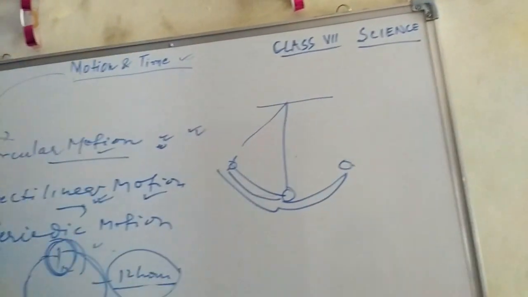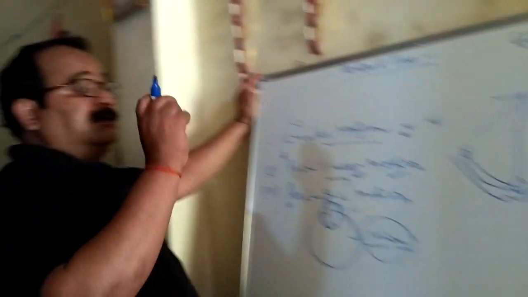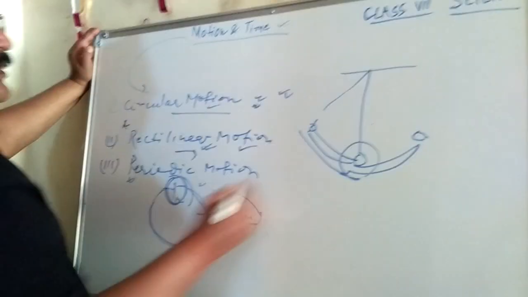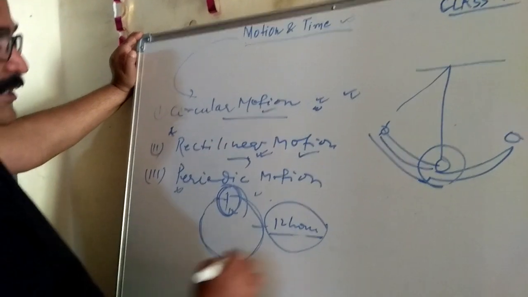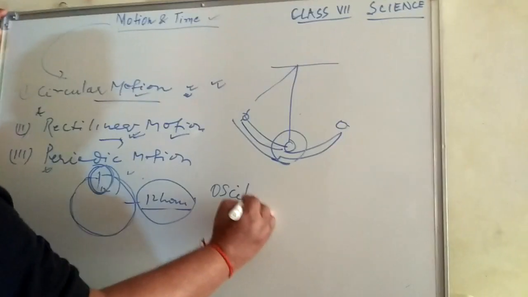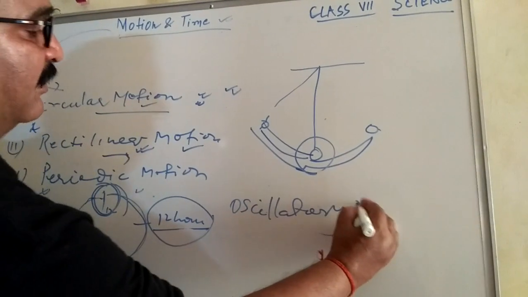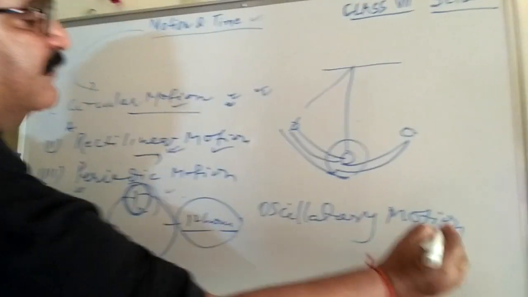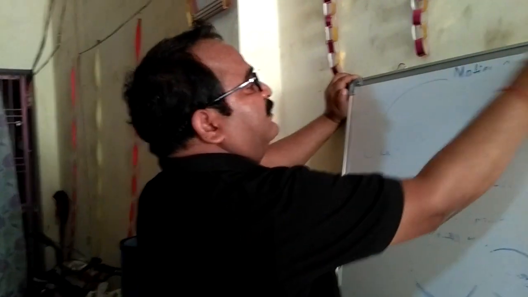This type of to and fro motion about a fixed position is called oscillatory motion. So that is all about some of the motions that we generally used in the previous class, and we also know a brief concept about those motions. So this is all about motion.